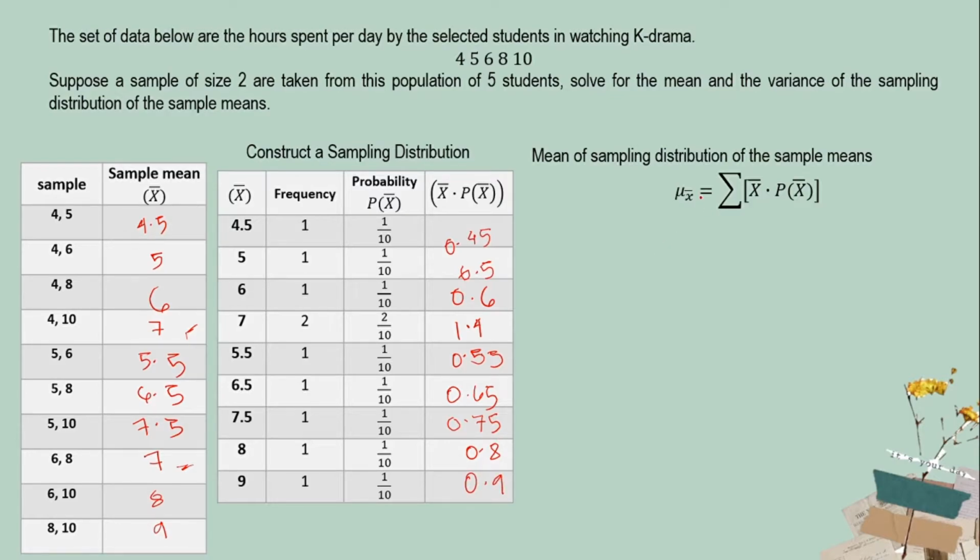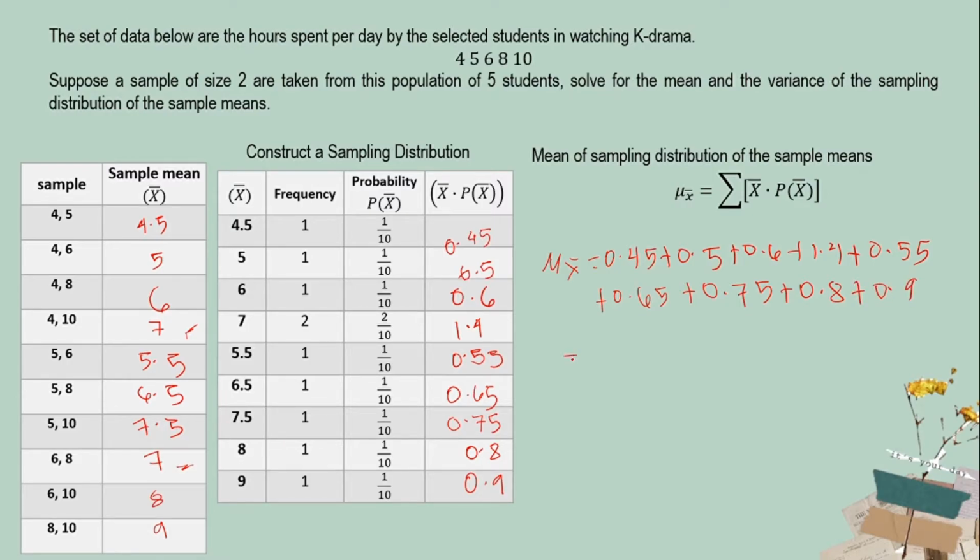Now, the formula for the mean of the sampling distribution of sample means is the summation of x bar times P of x bar, so meaning to say, we're going to sum it all. Then the mean would be 0.45 plus 0.5 plus 0.6 plus 1.4 plus 0.55 plus 0.65 plus 0.75 plus 0.8 plus 0.9.